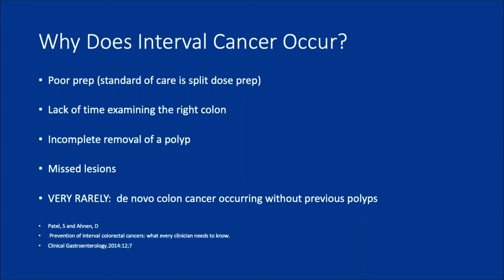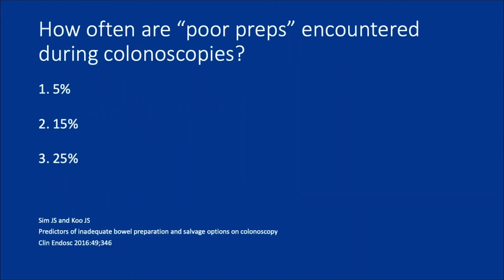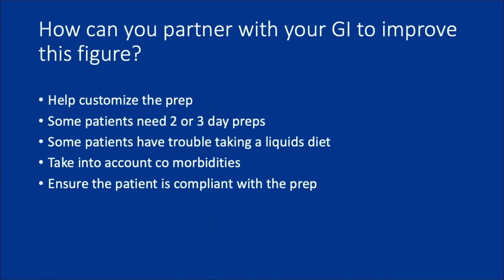The last thing here is very rarely de novo colon cancer occurring without previous polyp. Extremely rare, extremely rare. So, how often are poor preps encountered during colonoscopy? Think about what you would say as an answer: 5%, 15%, or 25%. And the answer is 15%.